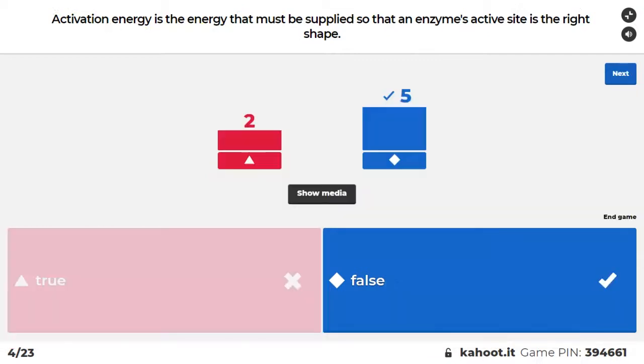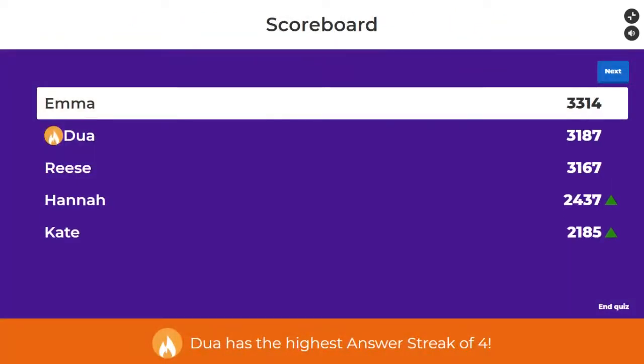The activation energy is not supplied to make the enzyme's active site the right shape. No, the activation energy is the energy you need to get the reaction started, which can be affected by the presence of the enzyme, right? It can either be high or low depending on whether the enzyme is there. But yeah, that's an incorrect definition. So good if you caught that. Okay, good.